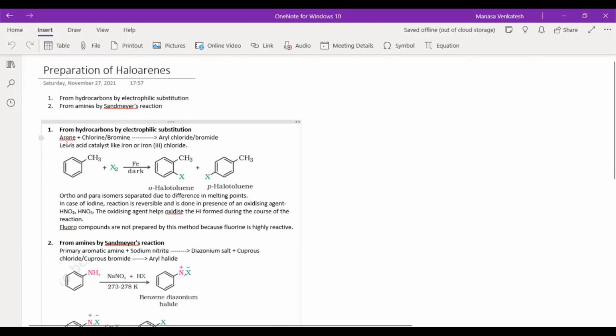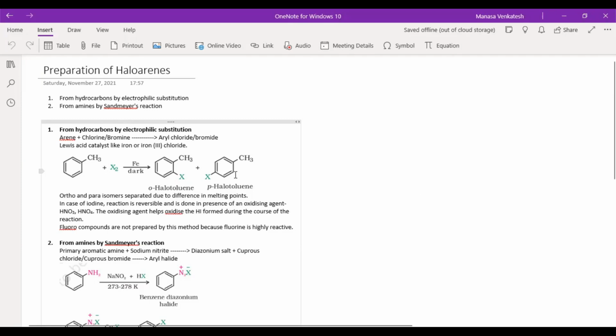So here you have an arene. The arene is reacting with chlorine or bromine, could be either, and this leads to the formation of aryl chloride or bromide. Pretty easy, right? So here we have a catalyst, and that's going to be either iron or iron(III) chloride. Here you have toluene, and it's reacting with X2 and leading to the formation of ortho and para products.